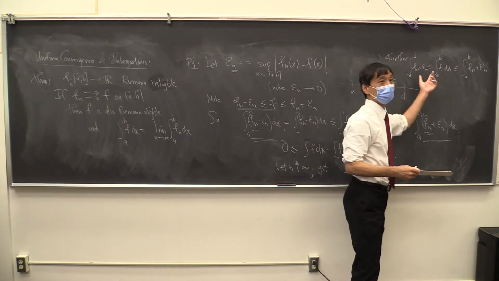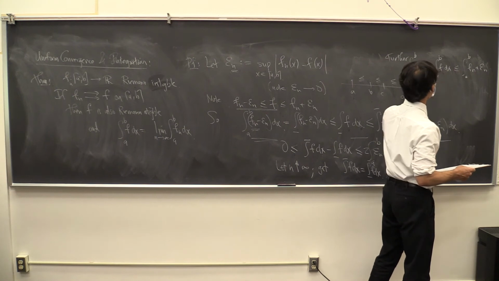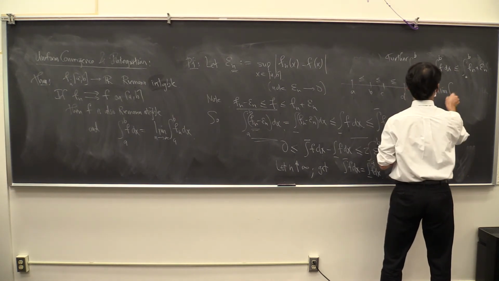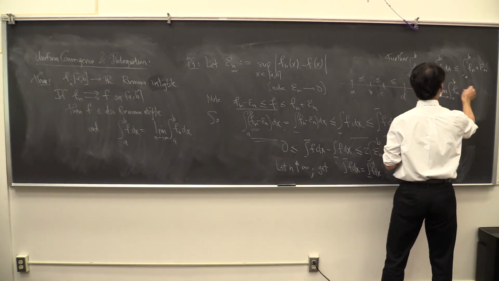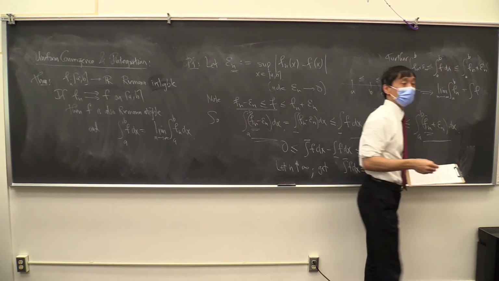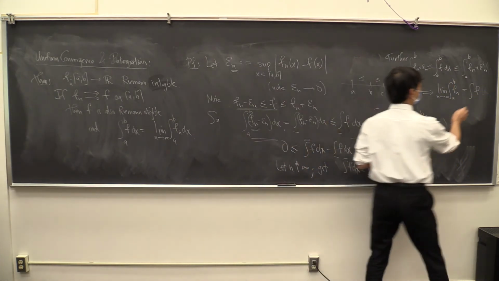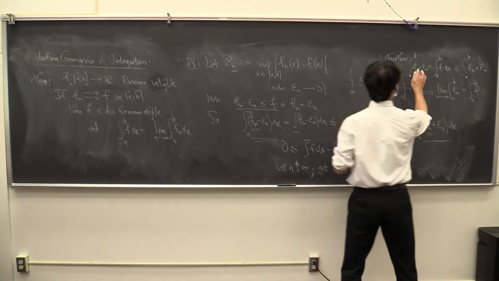And so again, when you let n go to infinity, you see that this thing is going to be equal to the limit. This implies that the limit of the integrals of f sub n minus epsilon sub n as n goes to infinity is the Riemann integral. So that should be minus. Oh, yeah. Thank you.